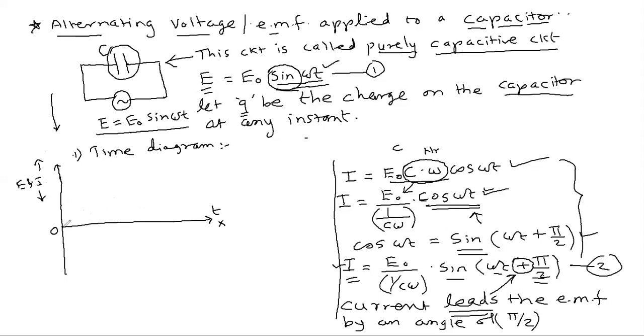So this one is suppose T by 4, T by 2, 3T by 4 and T. Then the time diagram for these two, for the current: since the current leads the EMF by pi by 2, therefore the nature of this diagram will be like this.